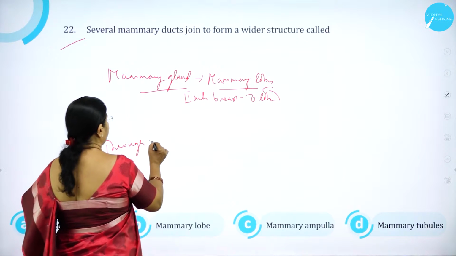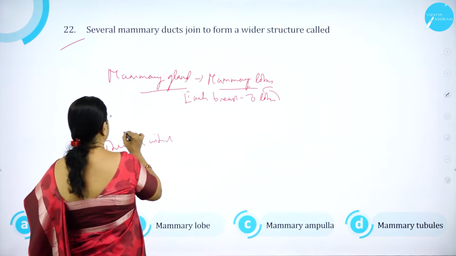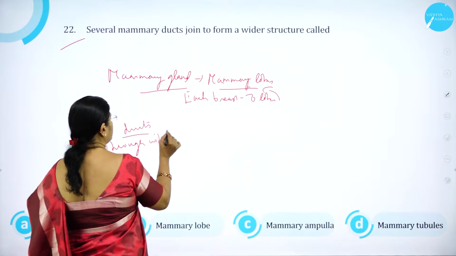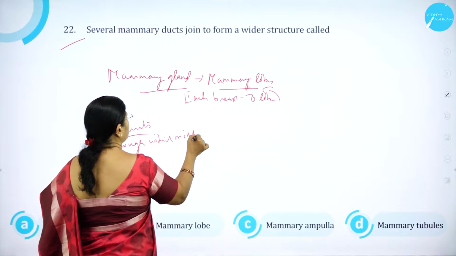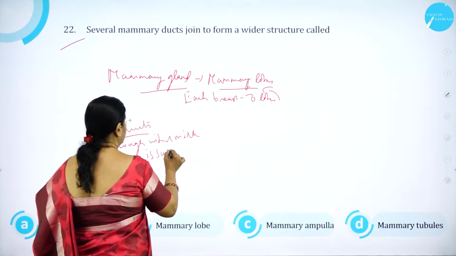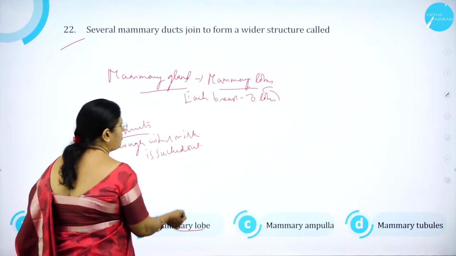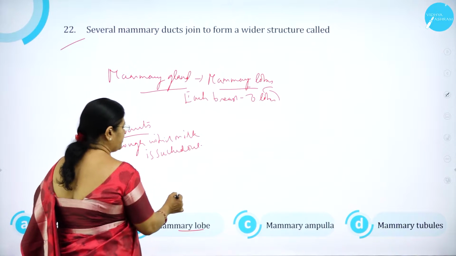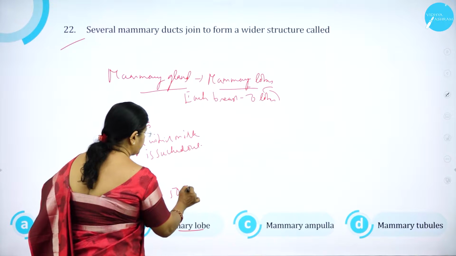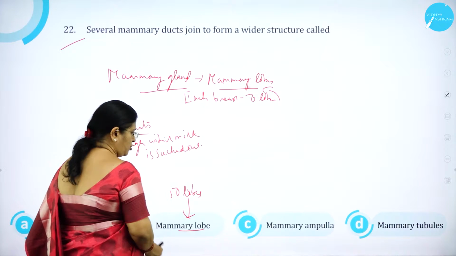Lactiferous ducts, these are the ducts through which milk is sucked out. And mammary lobe, as I said, each breast is made up of around 50 lobes called mammary lobes.